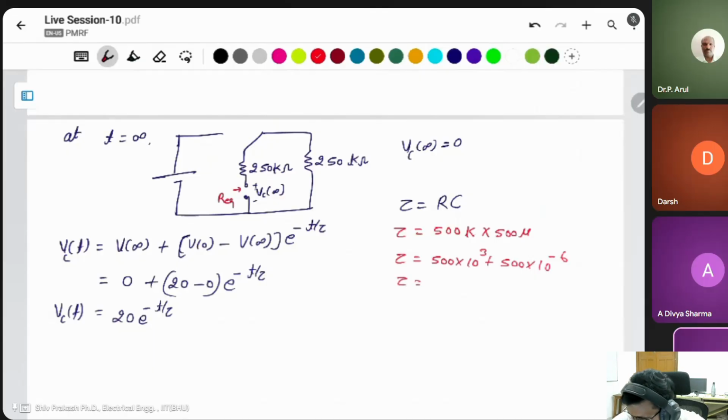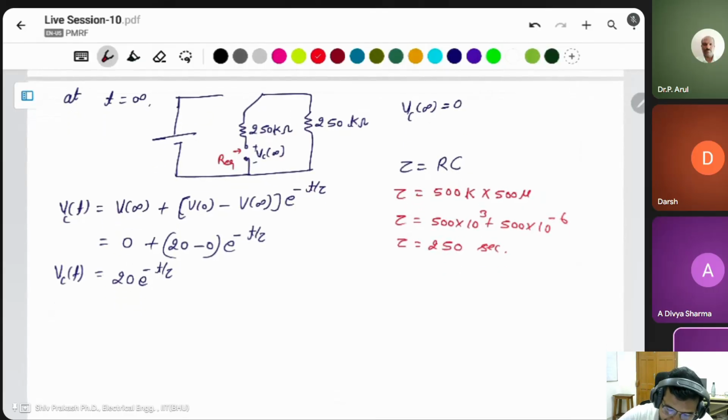It means totally this will be 5 into 5 is 25, the 10 to power of 3 and 10 to power of minus 6 cancel out, only one 0 is there. 250 second. Okay. Then what is the VC? It is 20 into e to power of minus t by 250. Okay.